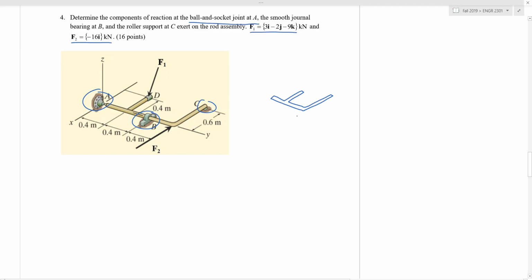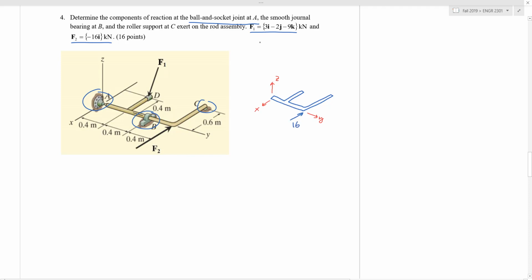So this is our x direction, y direction, and z direction. We have the applied force. F2 is only along the negative x direction, so that's 16 kilonewton in this direction.